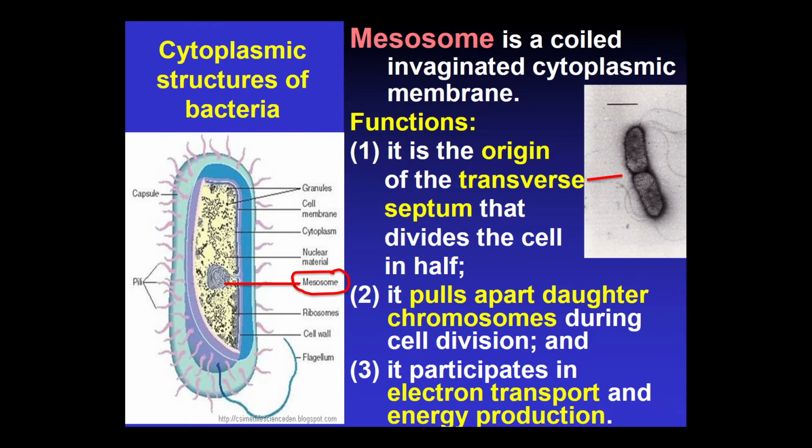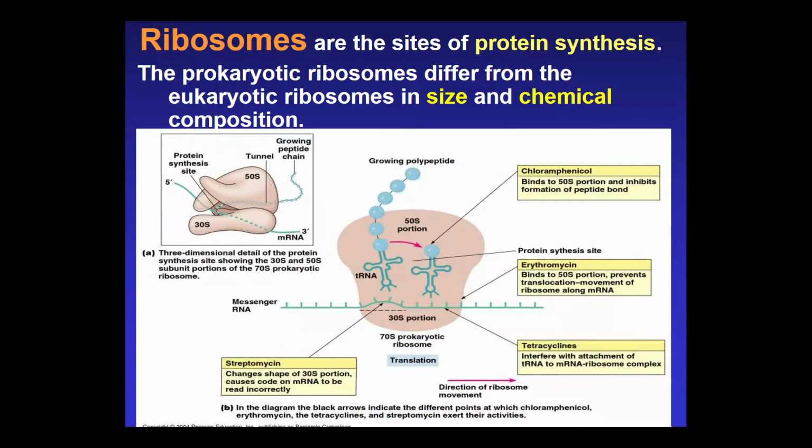It usually originates in the place where the transverse septum will be produced during cell division, to divide the whole cell in two halves. Then the mesosome pulls apart the daughter chromosomes during cell division in order to give one chromosome to every daughter cell. And it participates also in electron transportation and energy production, instead of mitochondria that are not present in the bacterial cell.